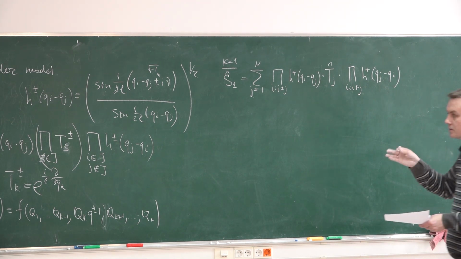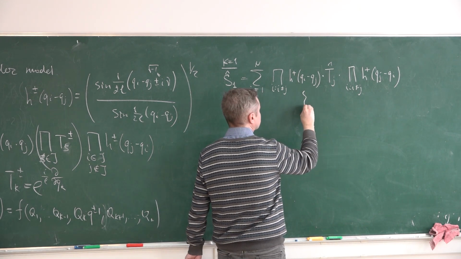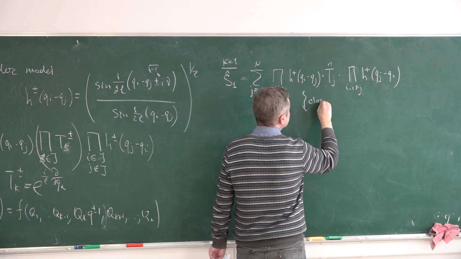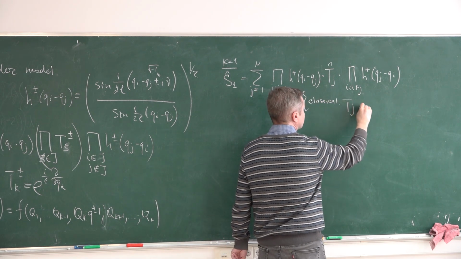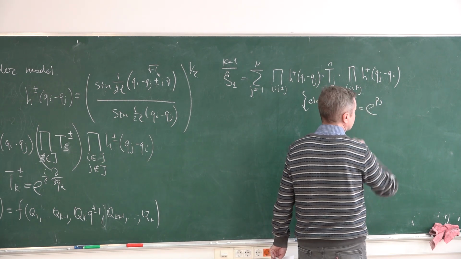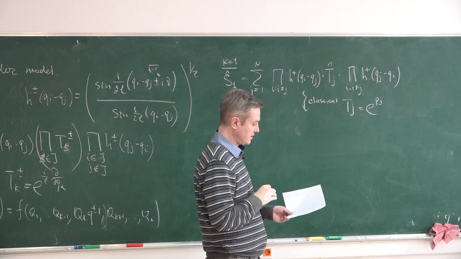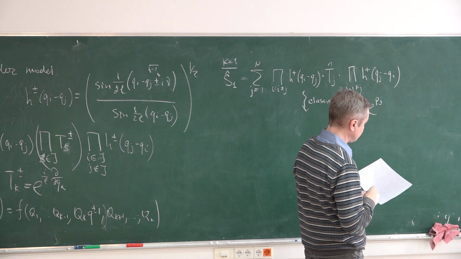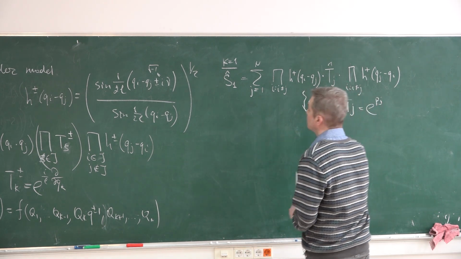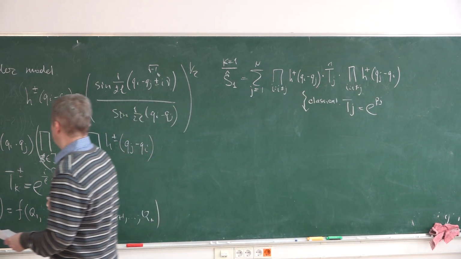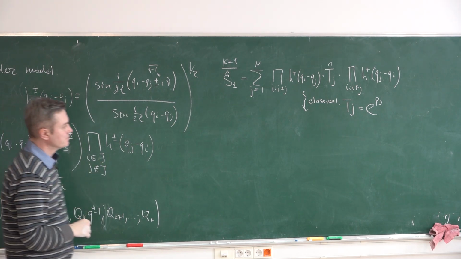Let us look at it in an even simpler case, the classical case. In the classical case, this Tj is just an exponent of momenta, because we just substitute the momenta with some coefficients, divided by L or something like that.